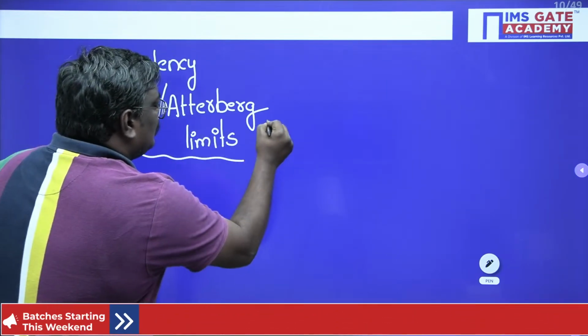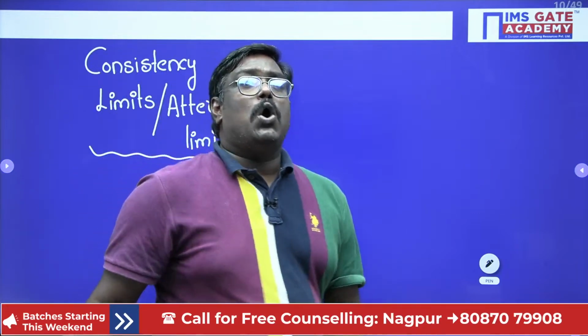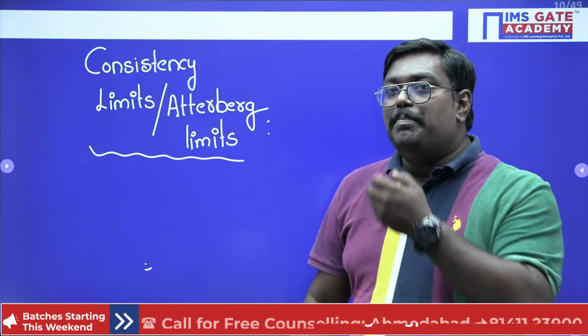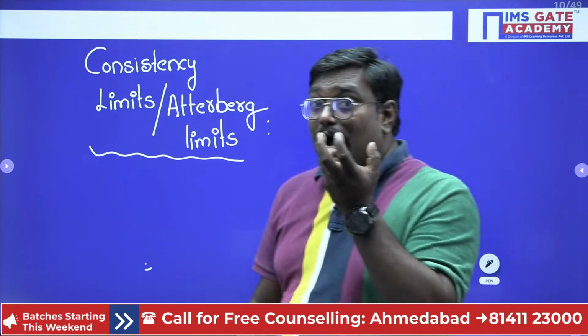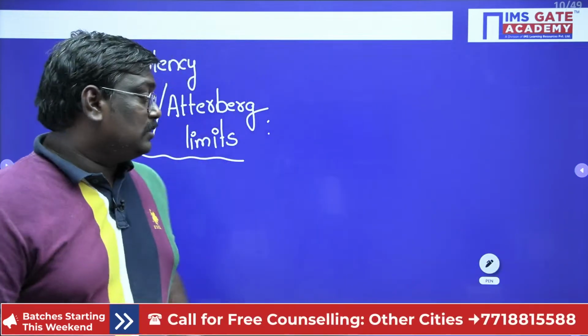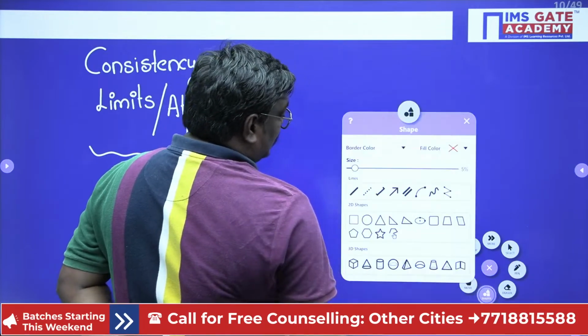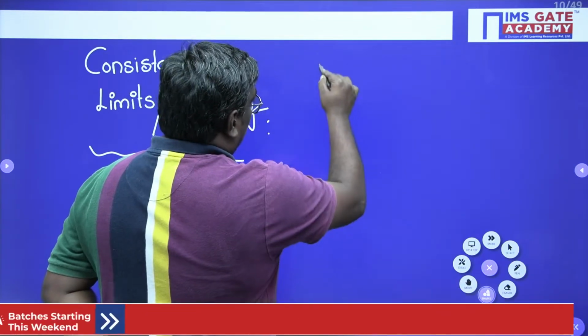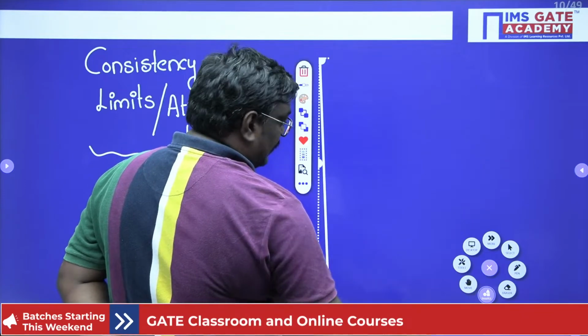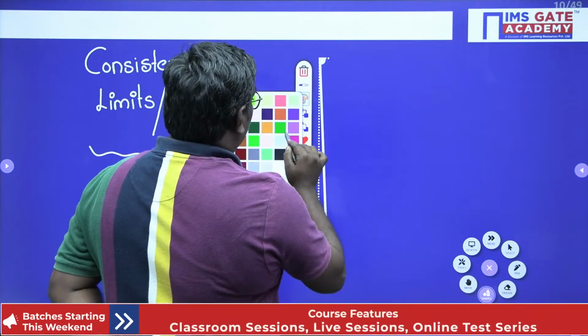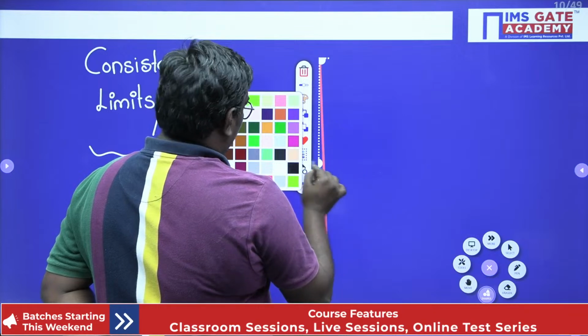Actually, these consistency limits or Atterberg limits will help you to solve problems to identify the fine-grained soils. Here, my dear students, when I talk about fine-grained soils, you should understand how they define fine-grained soils.